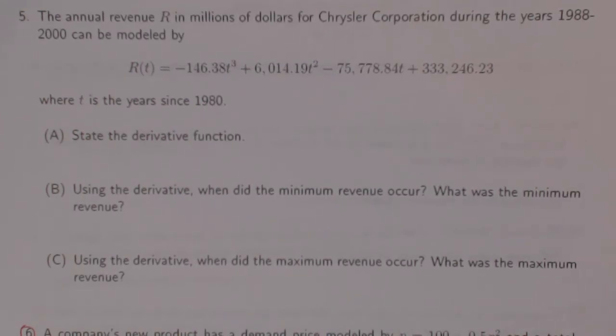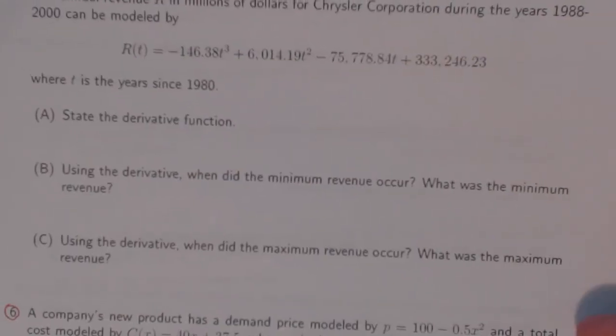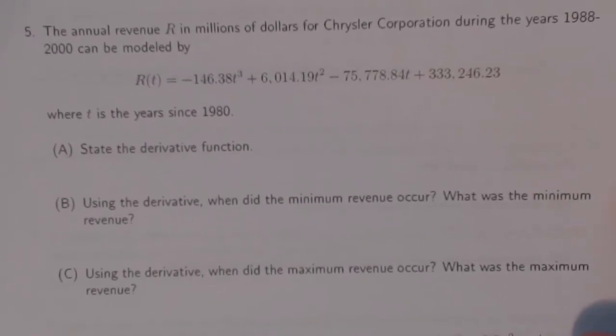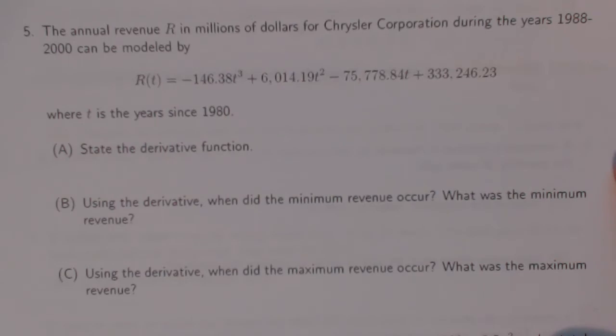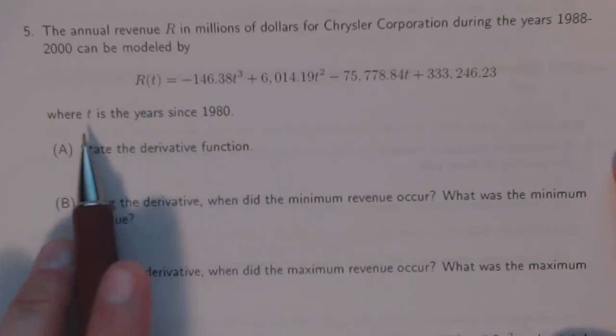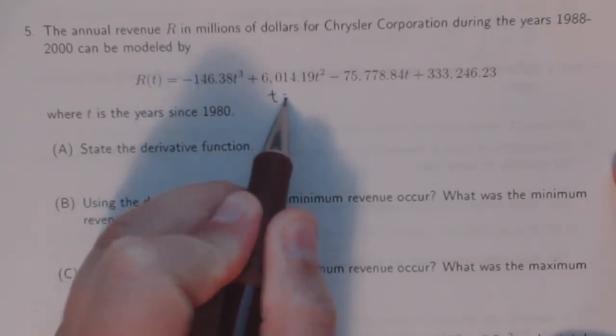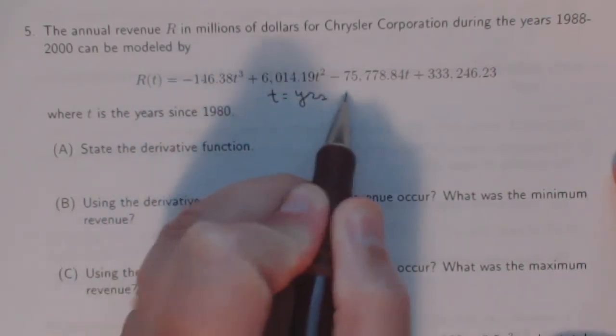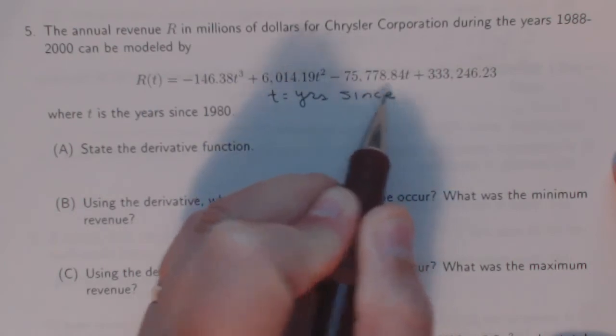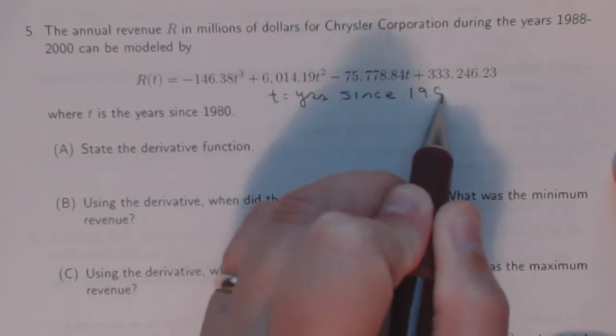Okay, so number 5 says the annual revenue in millions of dollars for Chrysler Corporation during the years 1988 to 2000 can be modeled by this revenue function. T is years since 1980. So T is my input, and years since 1980 means that 0 is going to represent 1980.